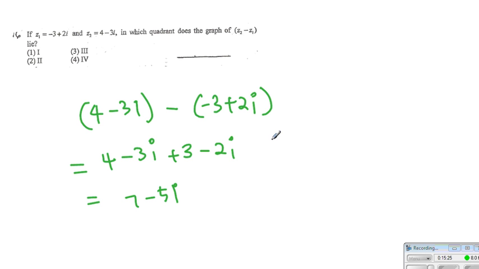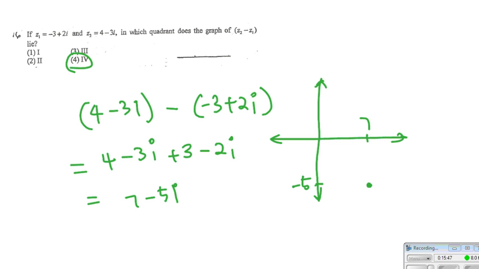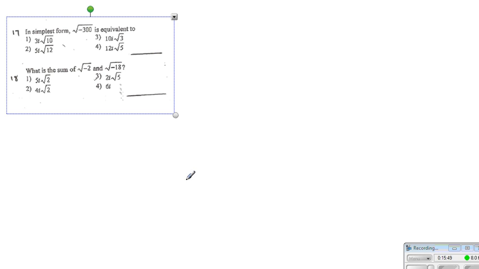Where is 7 minus 5i? 7 in the x direction here, and 5, or negative 5 for that matter, has to be another value. That means we are looking at a value around here, which is in the fourth quadrant. Right, so let's look at the next one. So here we have negative.